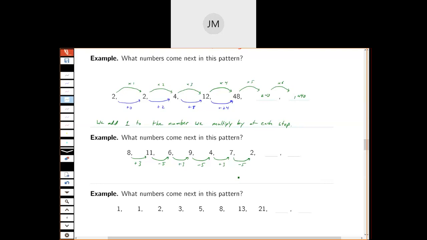I'm not going to write down the multiples here, which aren't going to be nice whole numbers anyway. But I can already see a pattern, right? I'm alternating between adding 3 and subtracting 5.